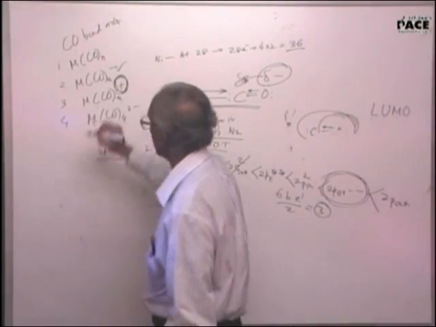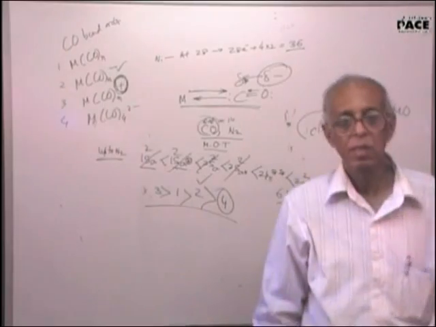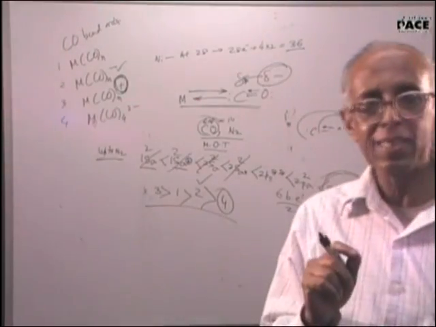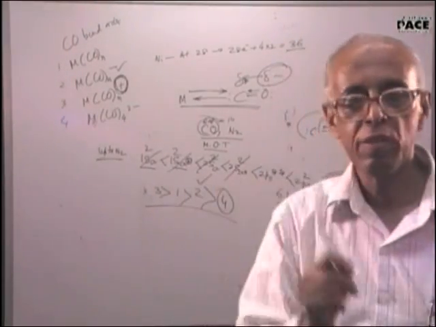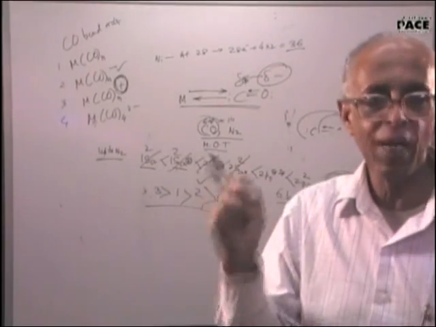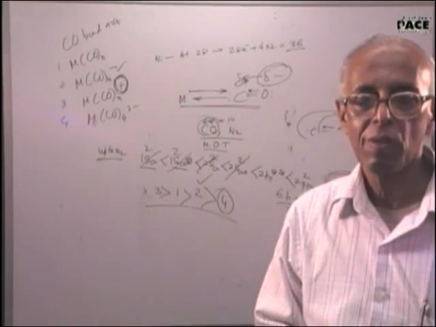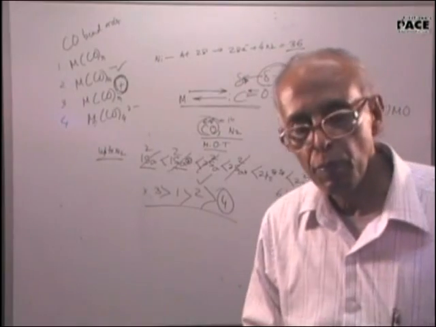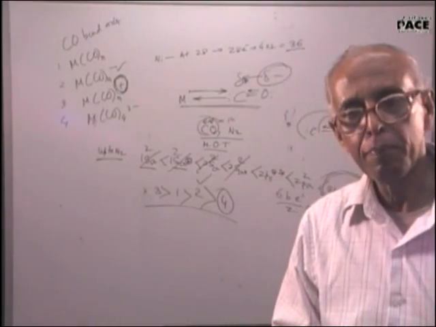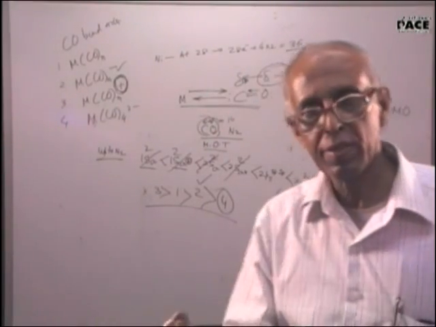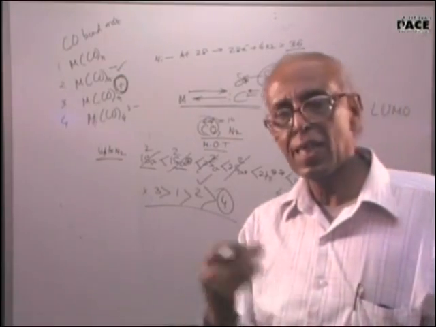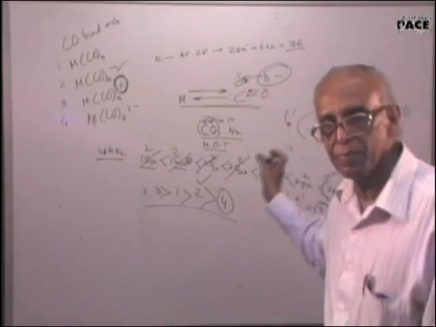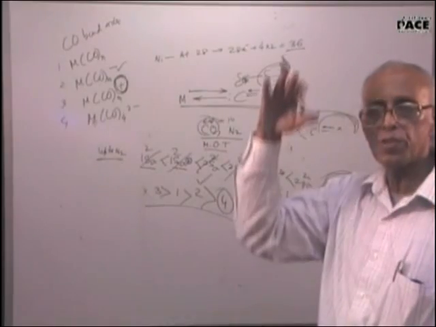Because of the positive charge on the metal ion, the metal is a poorer donor of electrons than one where the metal is 0. Now, if the metal is a poorer donor, it is giving less electron to the antibonding orbital. So the CO bond strength is high.